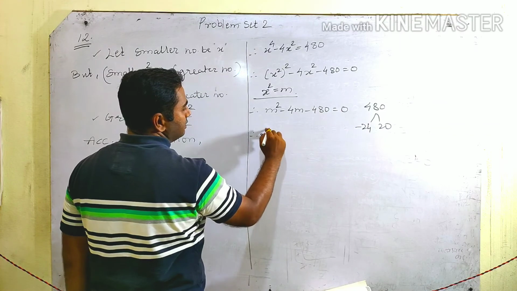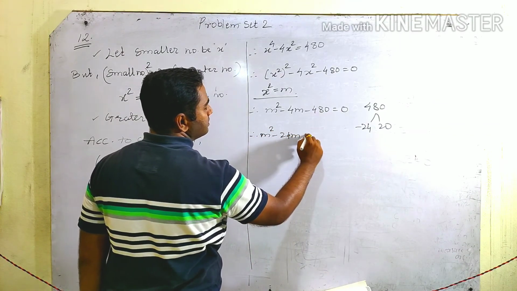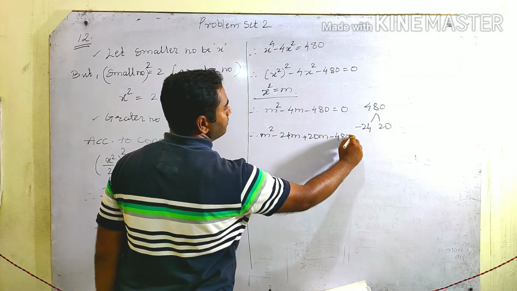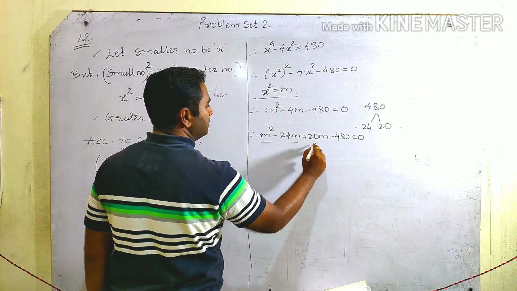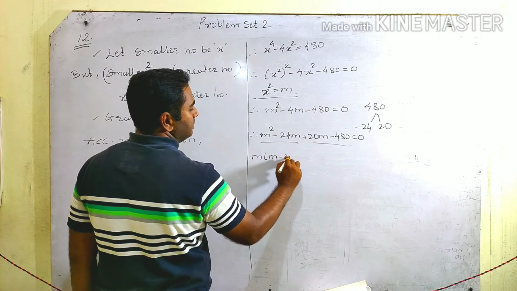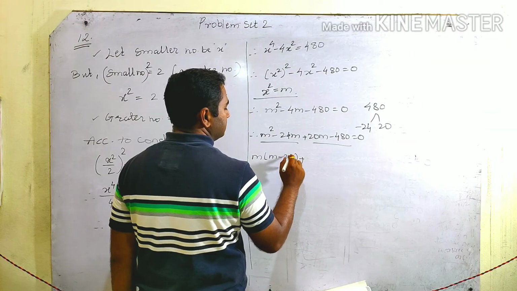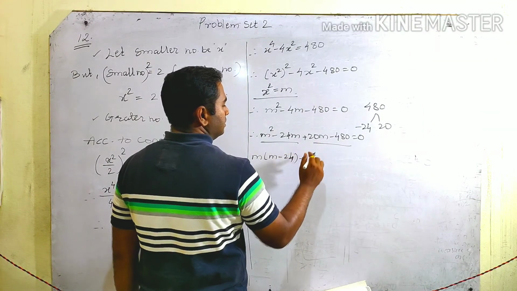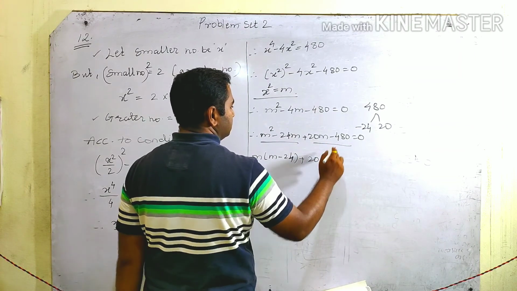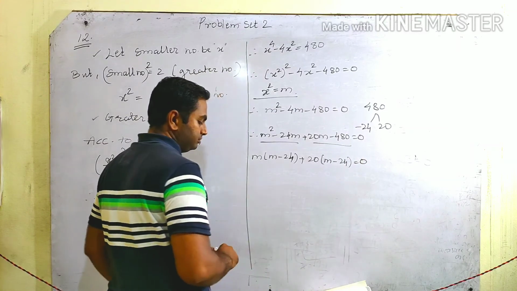So we put the values: m square minus 24m plus 20m minus 480 is equal to 0. Now we take the common factors from those. So m in bracket m minus 24, plus we take common 20, m minus, if you divide this 20, then we get 24, is equal to 0.